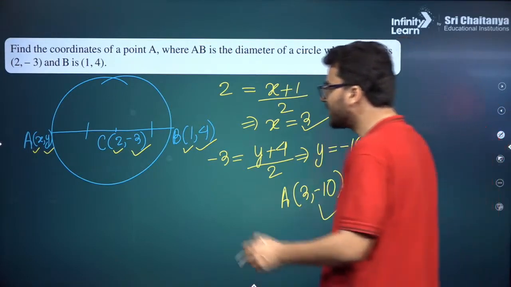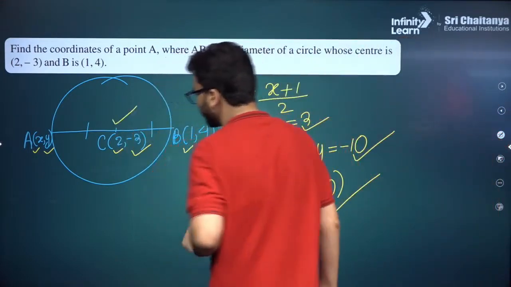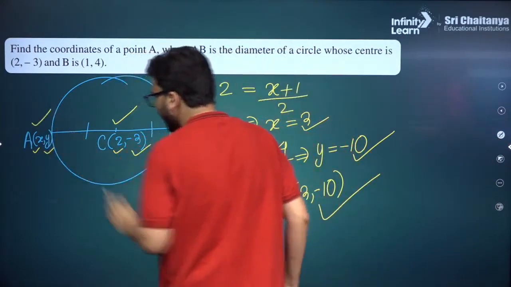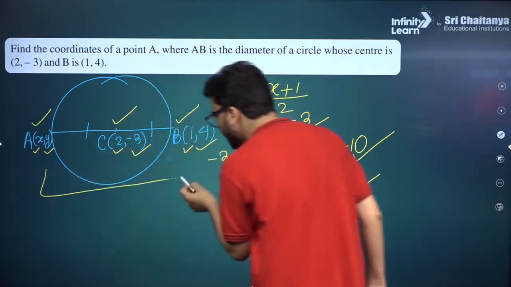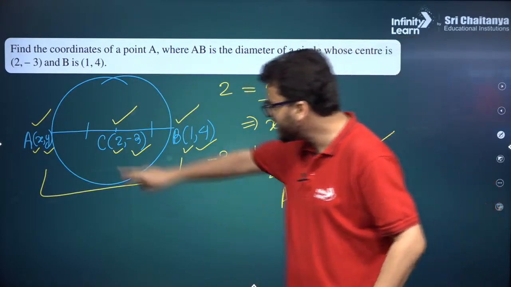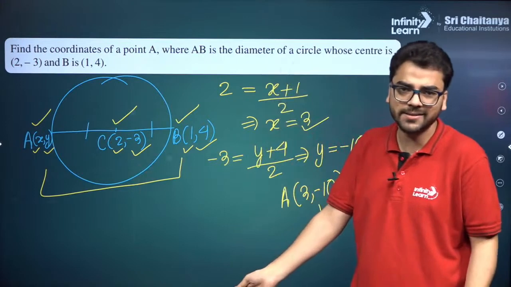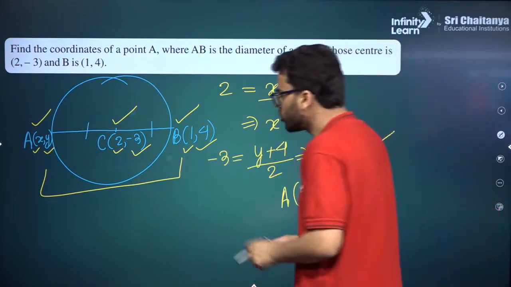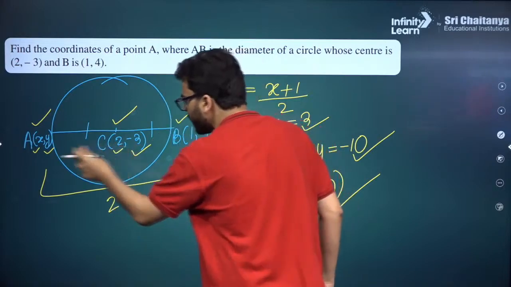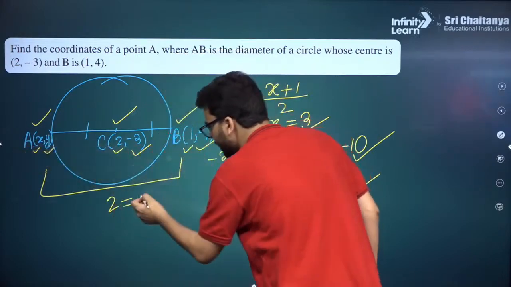Deen Bandhu, it is given that C is the center of the circle, right? Coordinates of B is given. You have to find the coordinates of A, and AB is the diameter of the circle. This concept is clear or not? Now, obviously, C is the center of the circle, right? So, can I not say that 2 will be equal to, if you use the midpoint formula, x plus 1 by 2 or not?